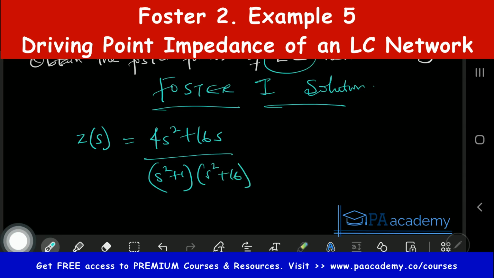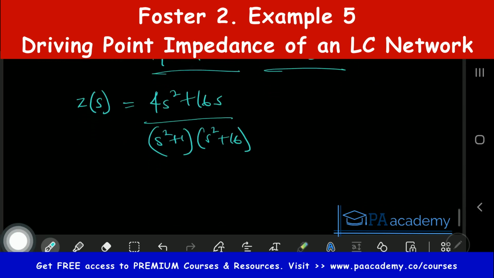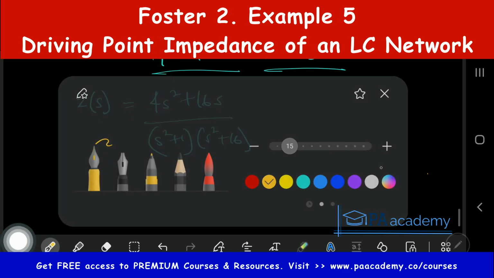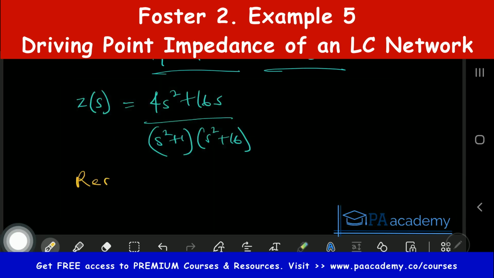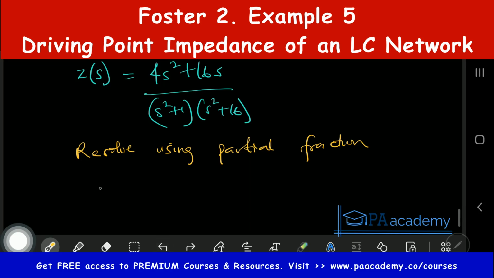Okay, so what we'll do now is resolve this into partial fractions. So let me just write it below. So we are going to resolve this using partial fractions. In doing that, we are going to be having 4s raised to power.